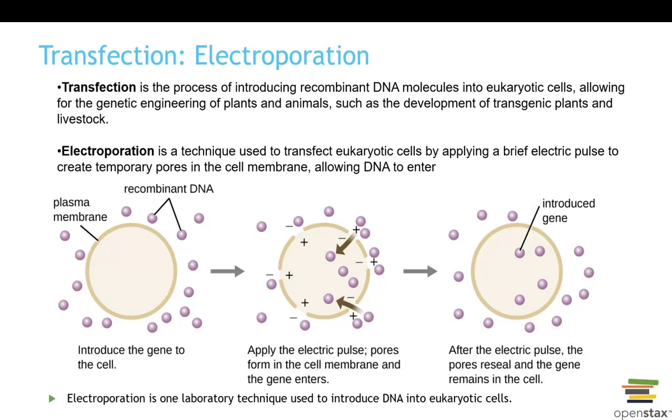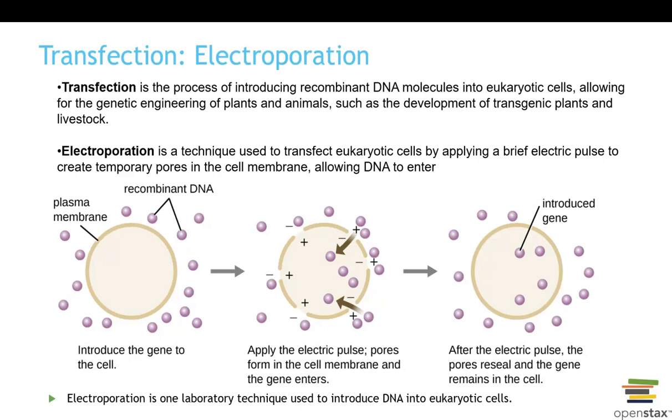This is a technique that they use very commonly to introduce recombinant DNA into plant and animal cells. They can use a brief electric shock or pulses that can create temporary, very small pores in the cell membrane, and then it lets the DNA enter into the cell and cytoplasm.